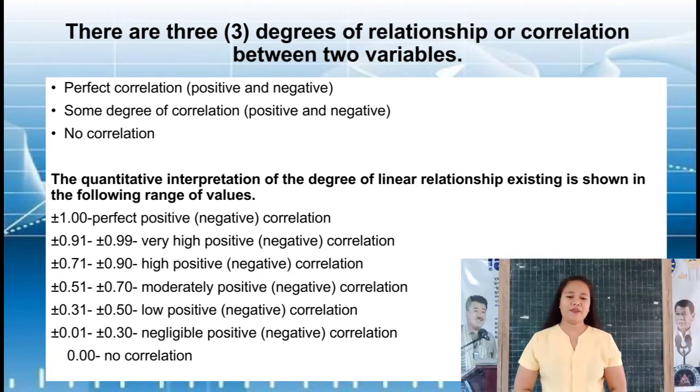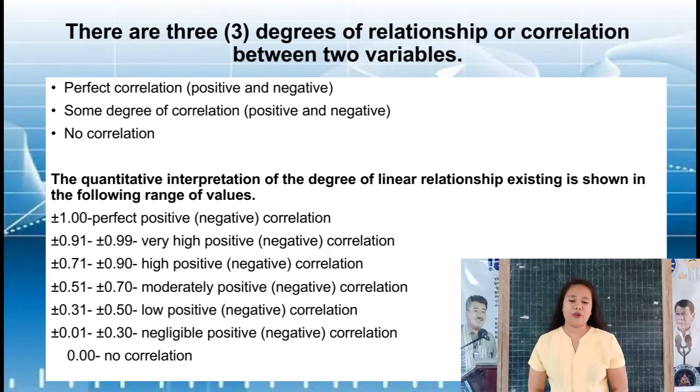The quantitative interpretation of the degree of linear relationship existing is shown in the following range of values. Positive or negative 1 is the perfect positive or negative correlation. Positive or negative 0.91 to 0.99 is the very high positive or negative correlation.